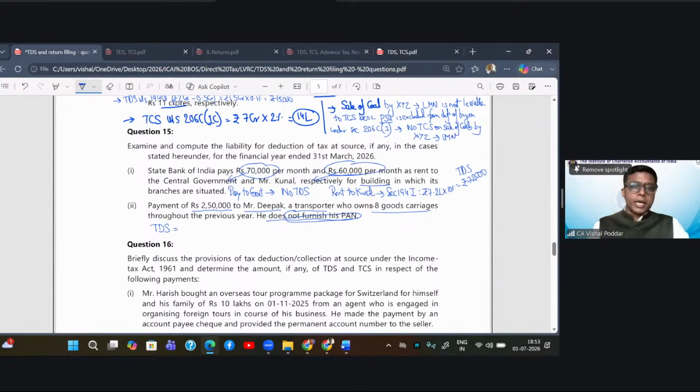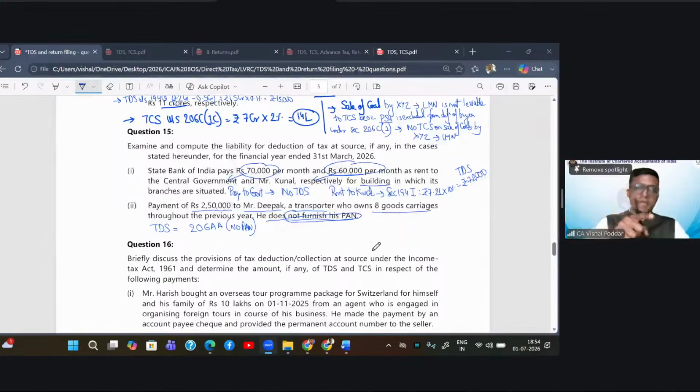Now, I'm sure, students, you all also recall this point of TDS where section 206AA applies, where no PAN is given by the payee, that is, the person whose TDS has to be deducted. Where the payee does not give PAN, the law says TDS will be deducted at the rate given in that respective section, or 20%, whichever is higher. Now, in our case, interestingly, if this person had given PAN, the TDS itself would not have applied.